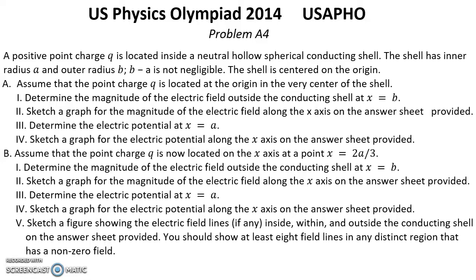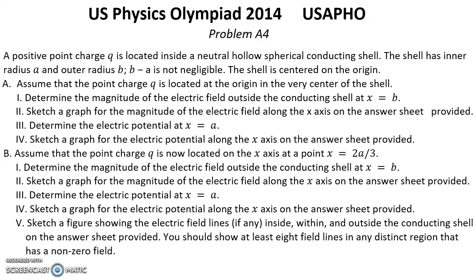Sketch a graph for the magnitude of the electric field along the x-axis on the answer sheet provided. Question 3. Determine the electric potential at x equal a. Question 4. Sketch a graph for the electric potential along the x-axis on the answer sheet provided.